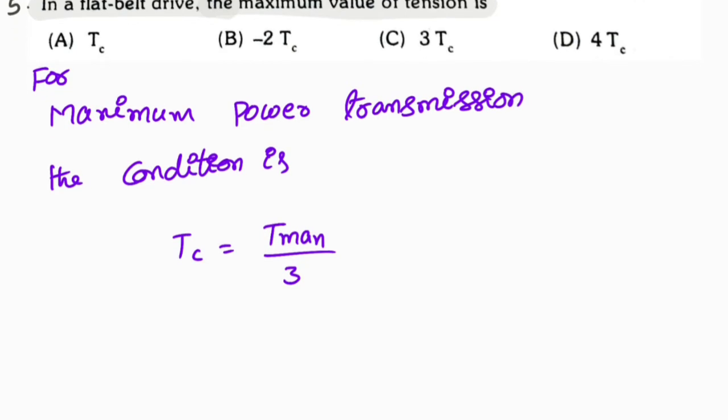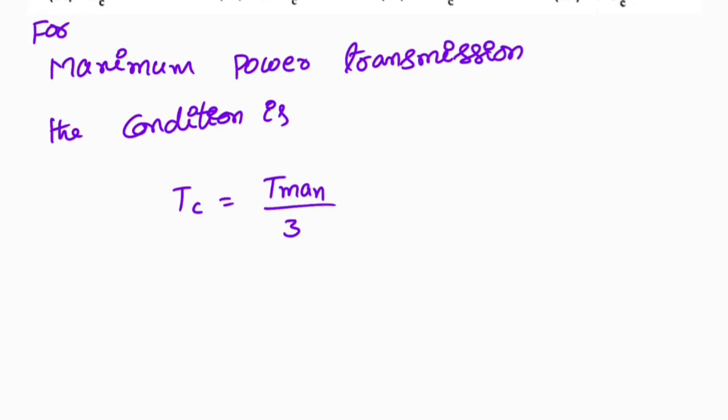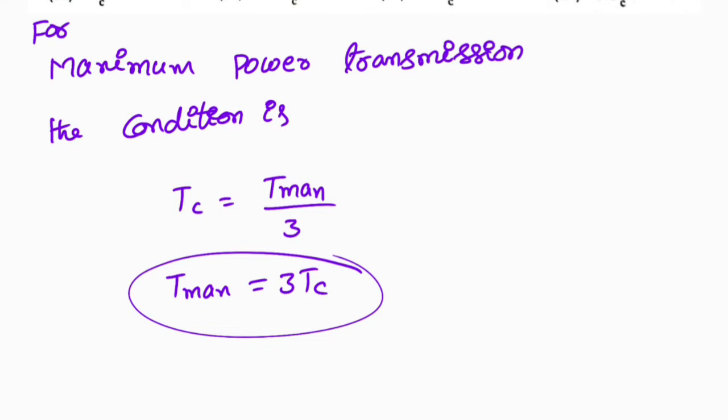That's the condition for maximum power transmission. Tc is the centrifugal tension and T max is the maximum tension. From this, the maximum tension equals 3 times the centrifugal tension. This is the condition for maximum power transmission.